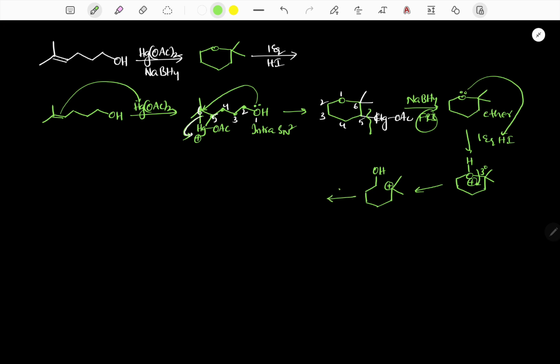Now the tertiary carbocation reacts with I- and forms the corresponding alkyl iodide at that carbon. Therefore the final compound has an OH group here and an iodine group here. So whenever a tertiary carbon is there, when we add 1 equivalent of HI, I- always attacks at the tertiary carbon.